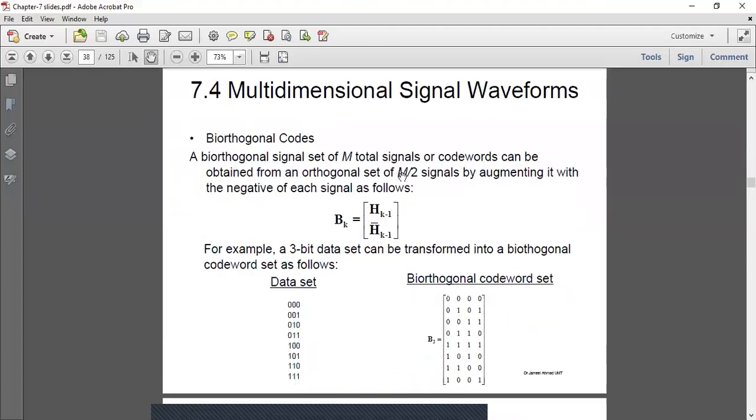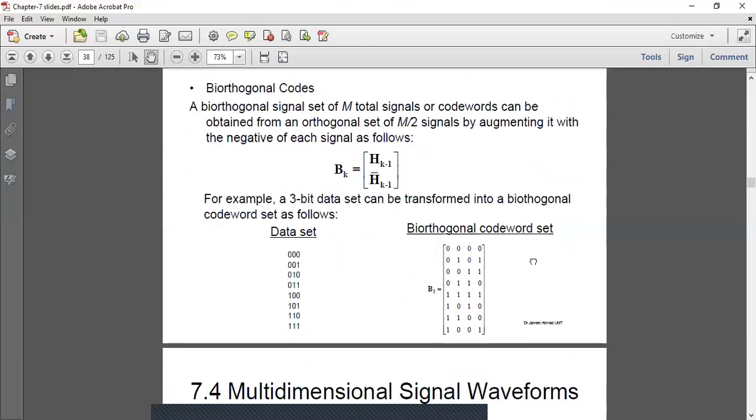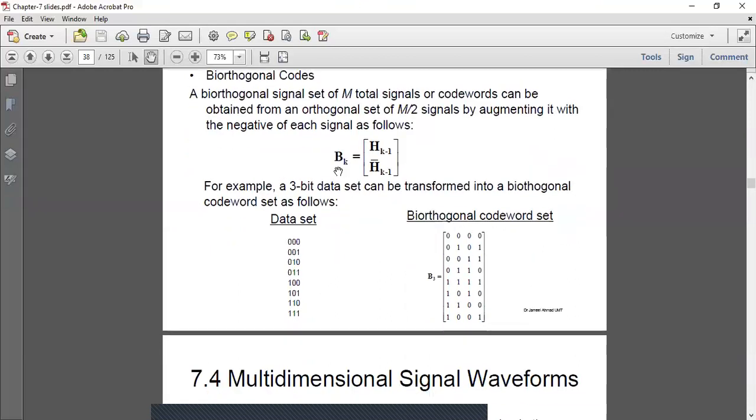Then we have the next code, which is called the bi-orthogonal code. The bi-orthogonal signal set of m total signals or code words can be obtained from an orthogonal set of m/2 signals by augmenting it with the negative of each signal. In this case, the bi-orthogonal matrix consists of H(k-1) and the complement of H(k-1).